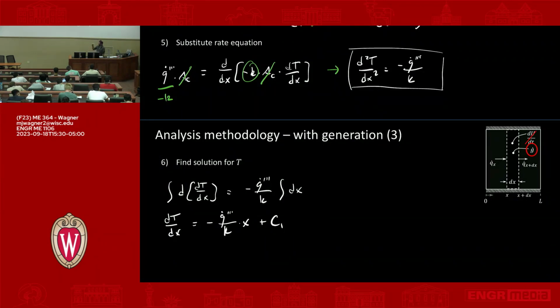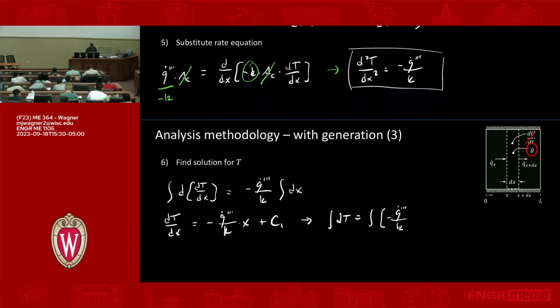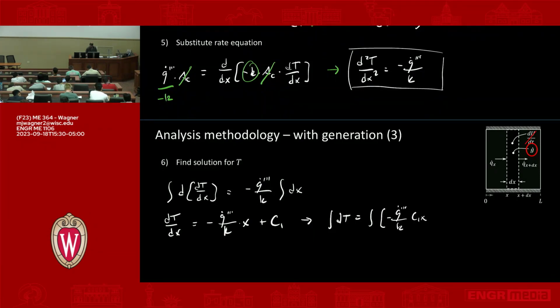Okay? Still separable. Or you can bring the dx over to the right-hand side. We have T on the left-hand side. So we have the integral of dT is equal to the integral of minus g dot triple prime over k times x plus c1, all that times dx. Hopefully I got that. Should be easy.